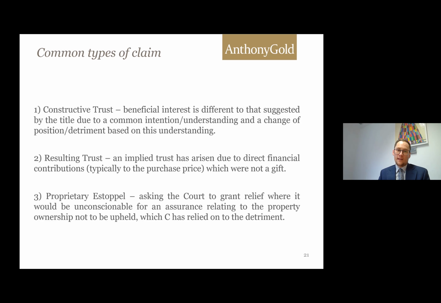Secondly, an argument that there's an implied trust, a resulting trust in place, which generally arises due to direct financial contributions to the property, typically to the purchase price, which were not a gift. And finally, proprietary estoppel, which is essentially asking the court to grant relief where it would be unconscionable for an assurance relating to the property ownership not to be upheld, which the claimant has relied on to their detriment.